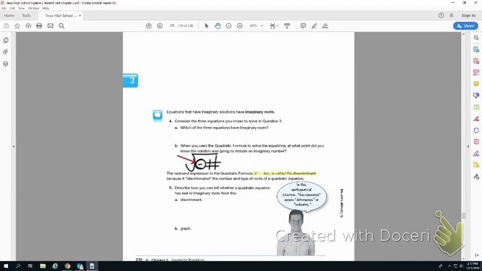So outside of knowing how to use the quadratic formula, you need to know these rules about the discriminant. If the discriminant is greater than 0, then you are going to have 2 real solutions.